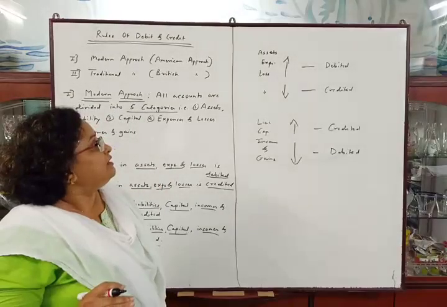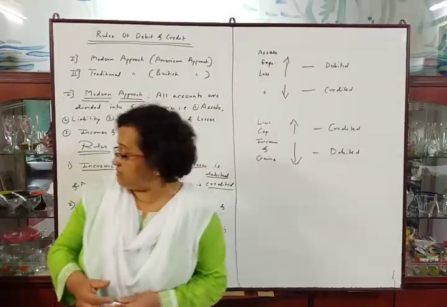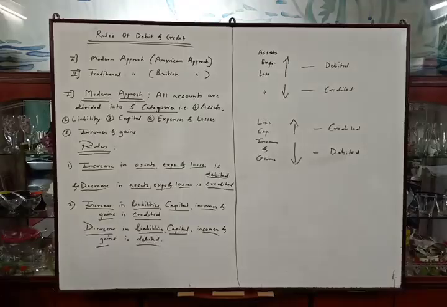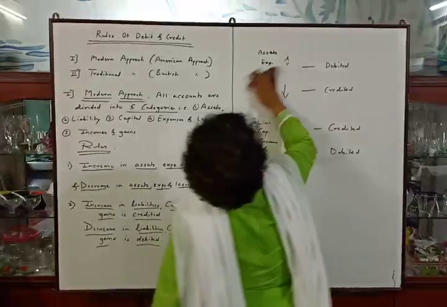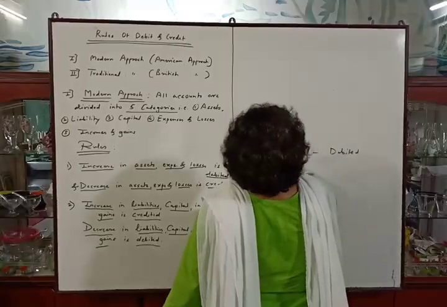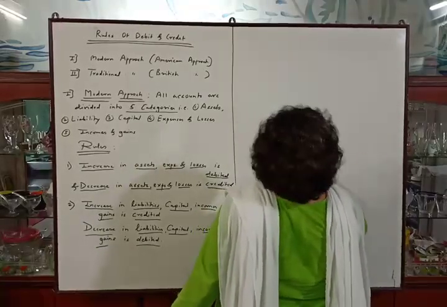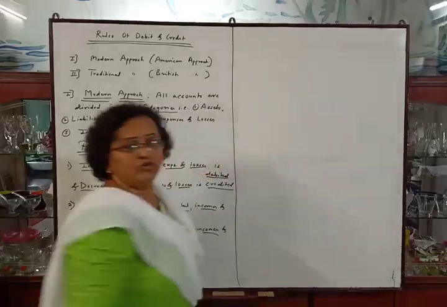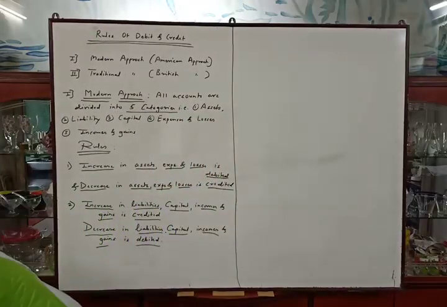Okay. Now we will learn some examples of applying this rule to some transactions for deciding debit and credit of the transactions. See, I will take one example of a transaction.